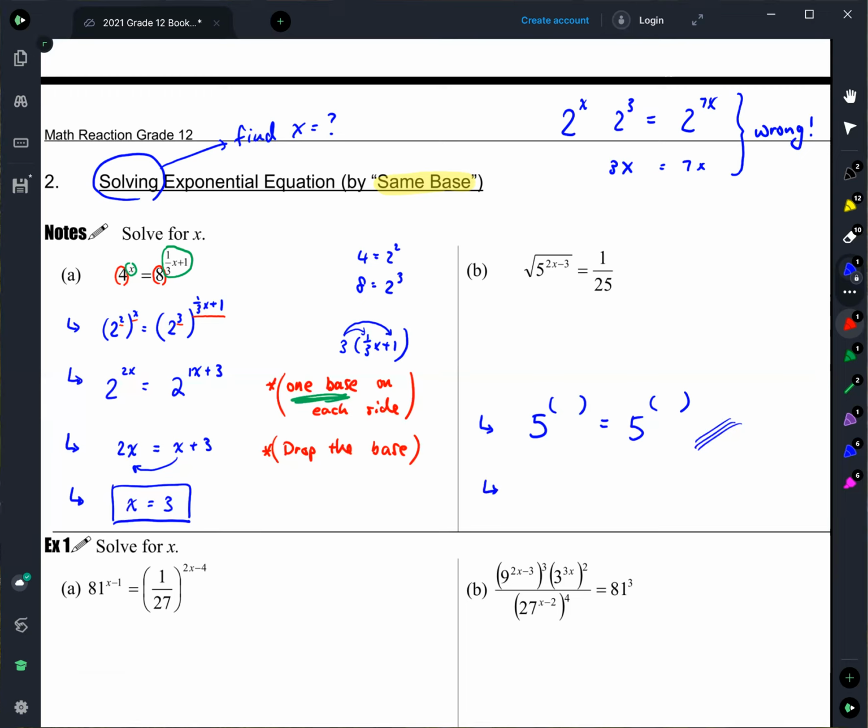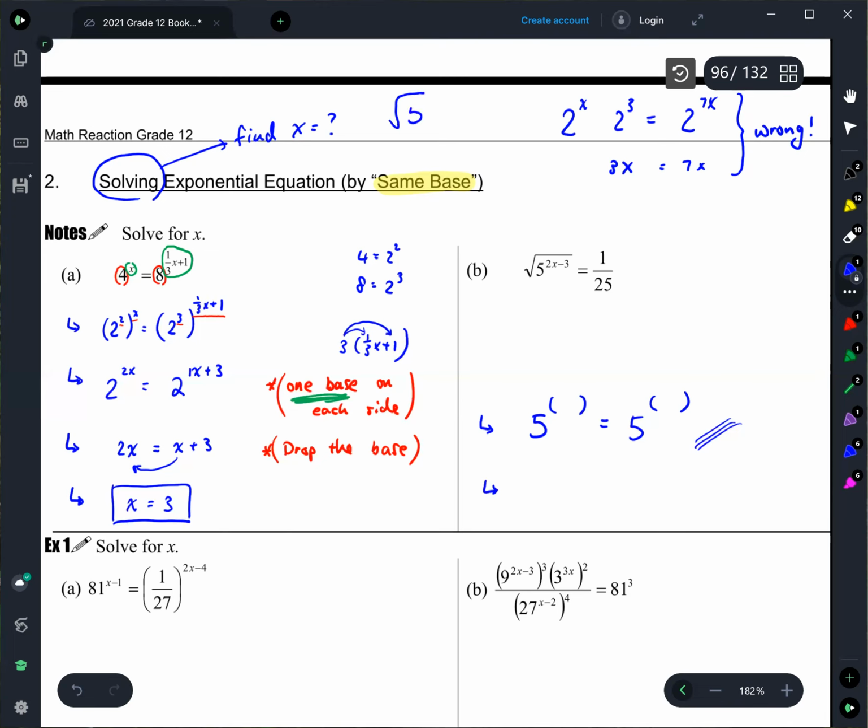For square root, how do you change square root into exponent? You square it by 2? I'm not so sure. Okay, let me ask you this way, okay? If I have square root of 5, how do you write that as an exponent? 5 to the power of 1 over 2.